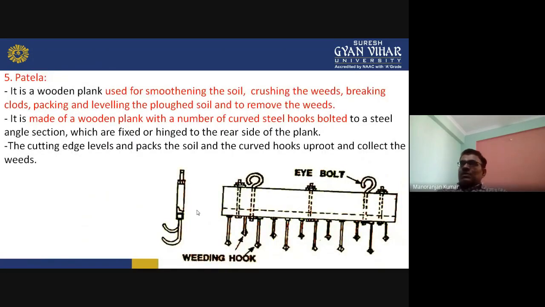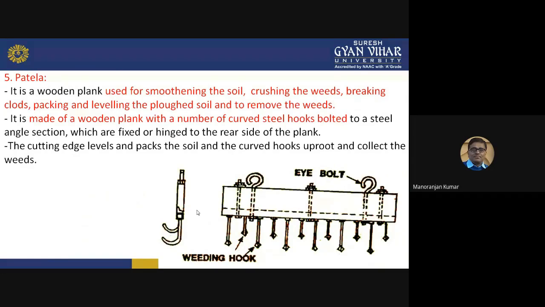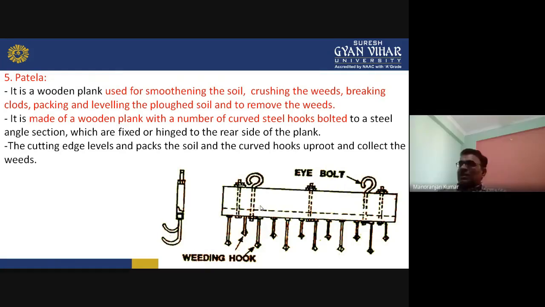Now, the other type of harrow is patella. So, this is the picture of patella. It is a wooden plank used for smoothing the soil, crushing the weeds, breaking clods, packing and leveling the plowed soil, and to remove the weed.